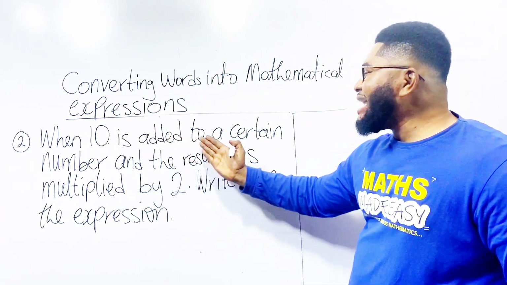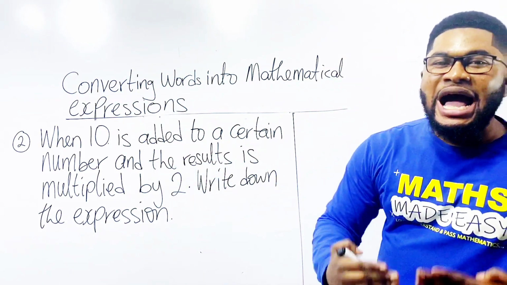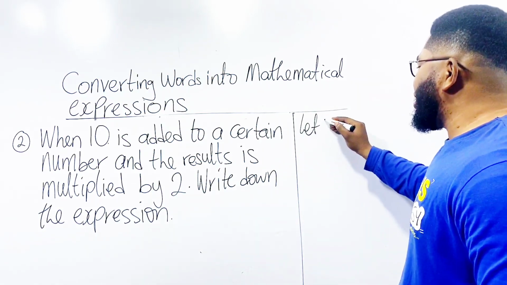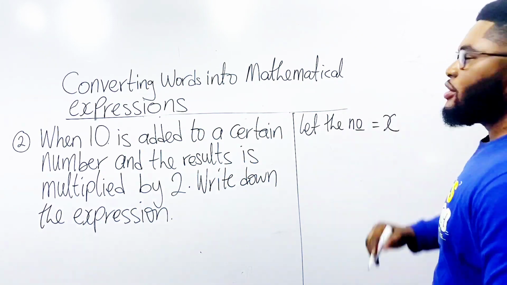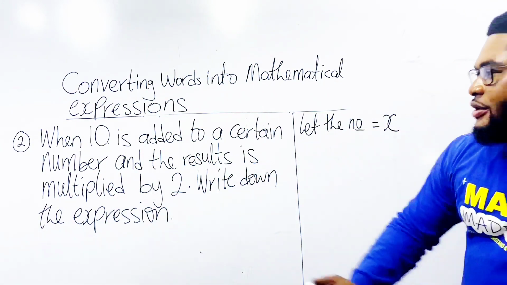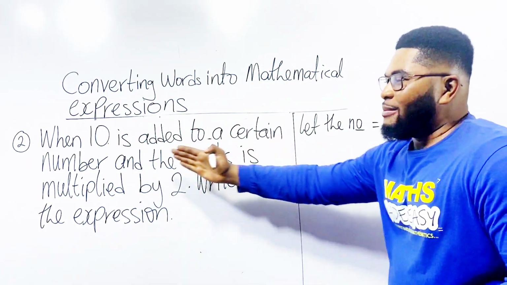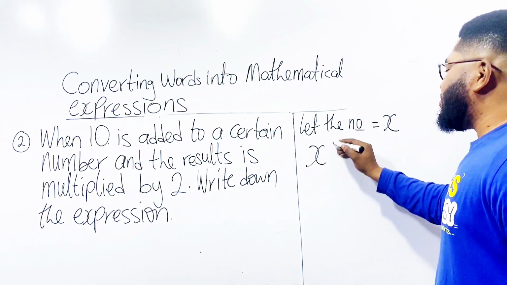When 10 is added to a certain number, if you check, added to means addition. And then let the number be equal to x. So x will be the number. So when 10 is added to x, it will be x plus 10.